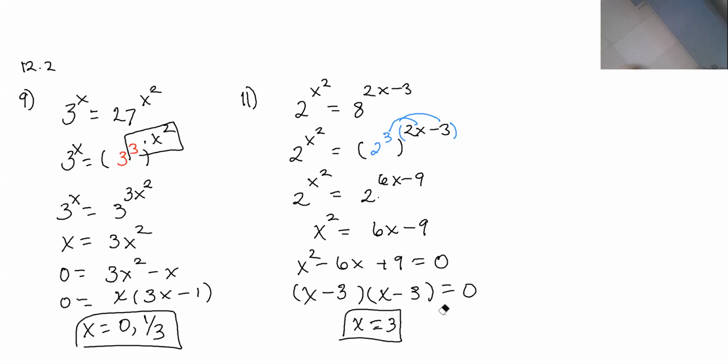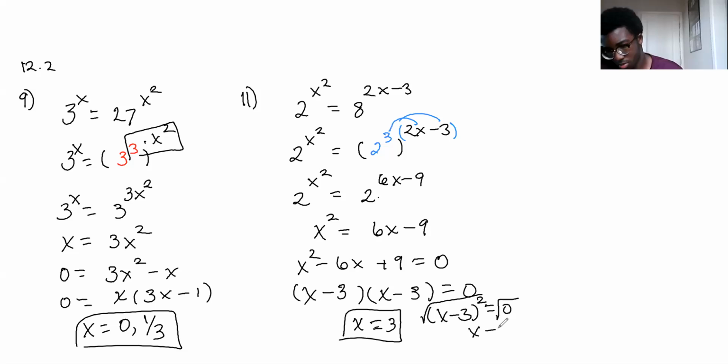But you could write it as the quantity of x minus 3 squared equals 0, and then square root both sides. X minus 3 equals plus or minus 0, which is just 0. And then add the 3 and you still get 3. You could, I just didn't because I was solving. All right, thank you.